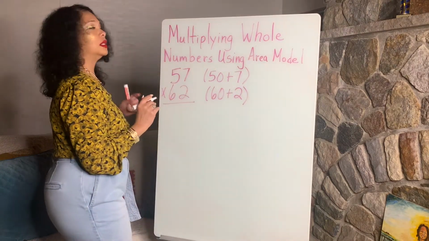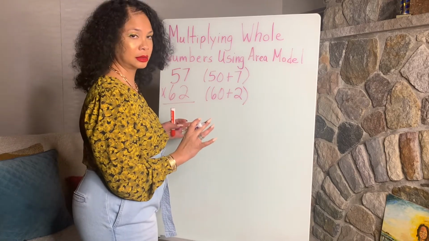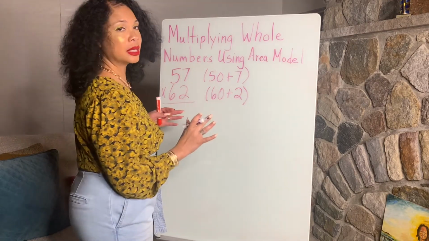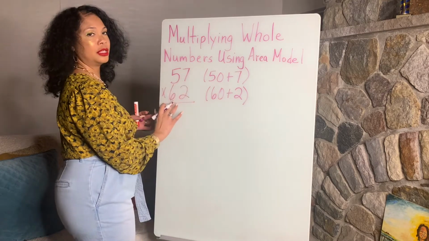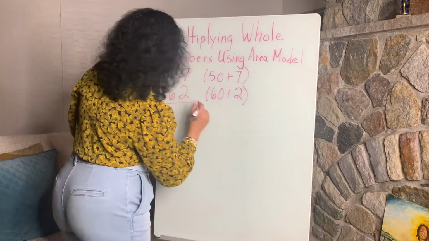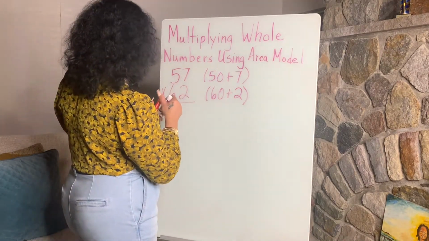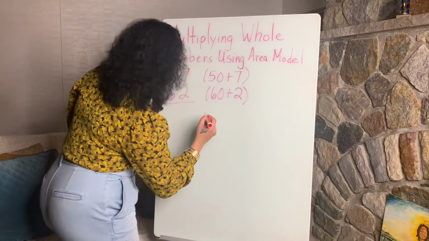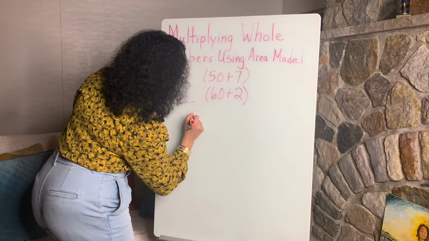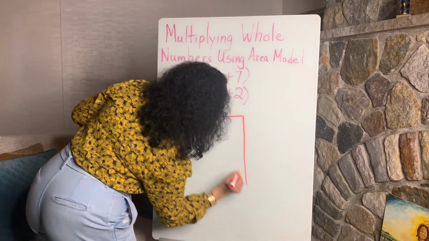Okay. So now for the area model, we are going to draw some boxes. We're going to draw a box for each of these digits. So we're going to draw 1, 2, 3, 4 boxes. So let's draw them now. And we're going to draw them big enough so we can all see it.